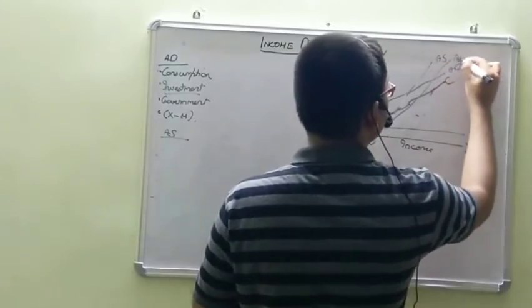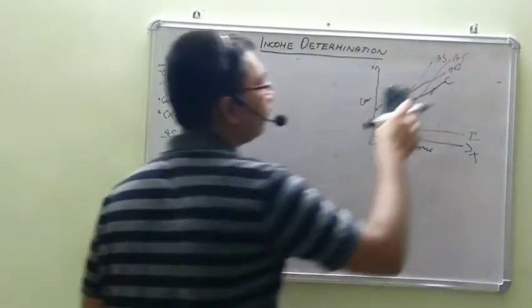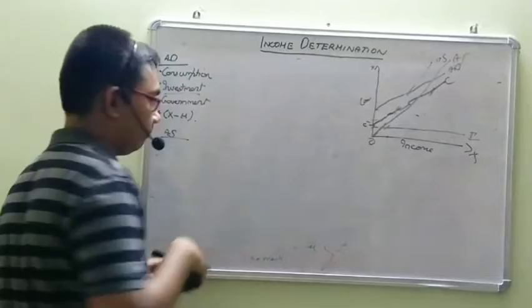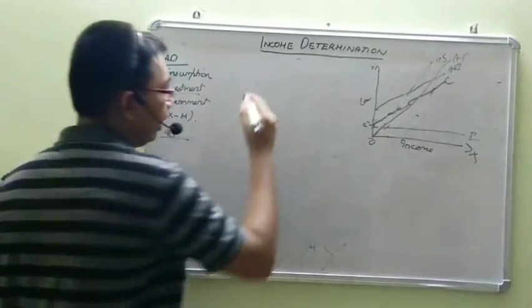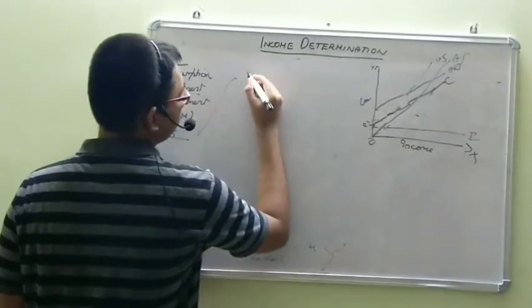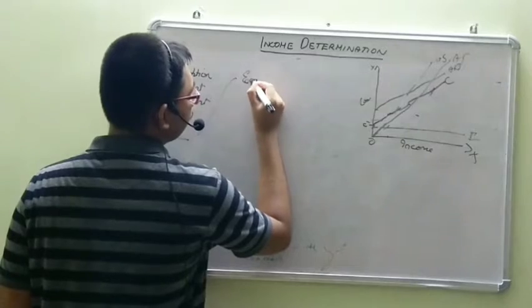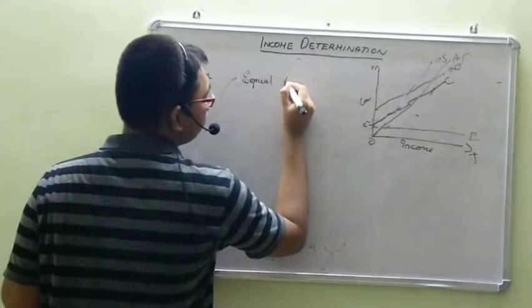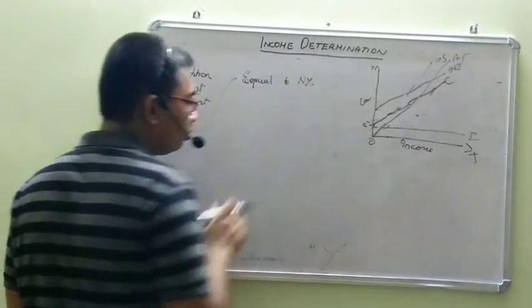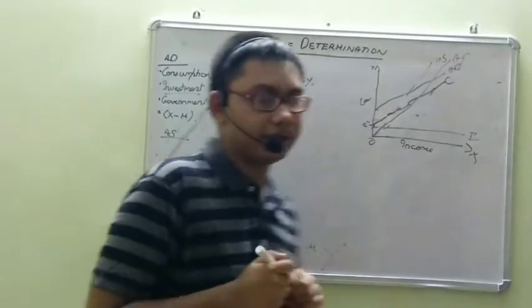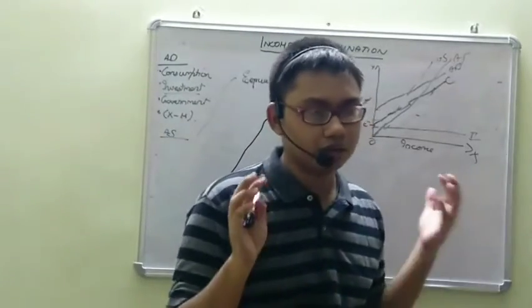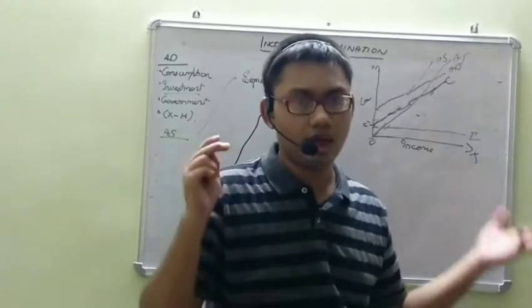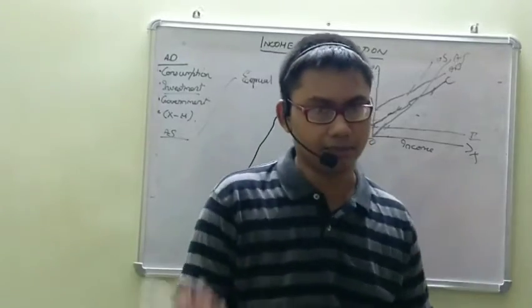AS will always be equal to national income. So what can people do with the income they earn? Now we know supply is equal to income. AS is equal to the income earned by the people.